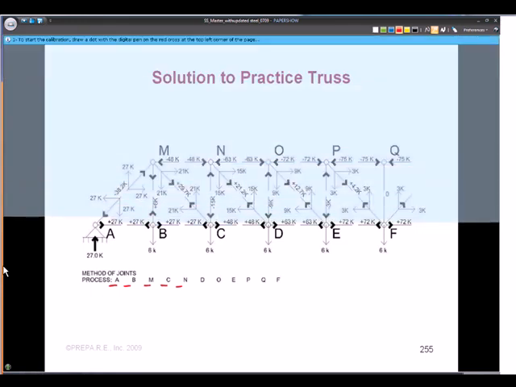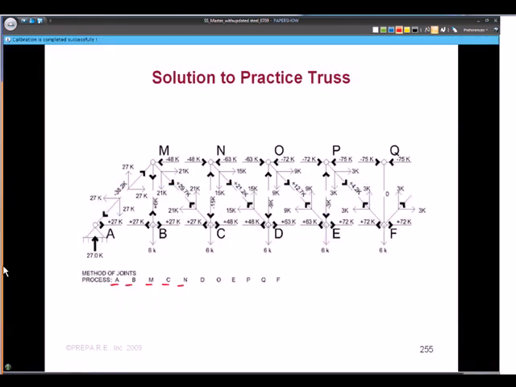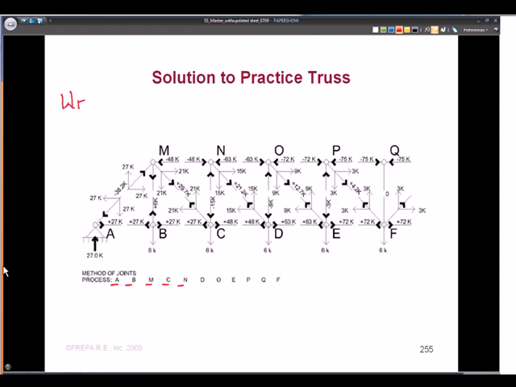Also, what I want you to see here is, remember how we talked about economizing the design? And we talked about the web members carry the shear. And where is the shear the greatest? It's going to be near the supports. Okay, so look at these forces, 38 kips, 29 kips, 21 kips.